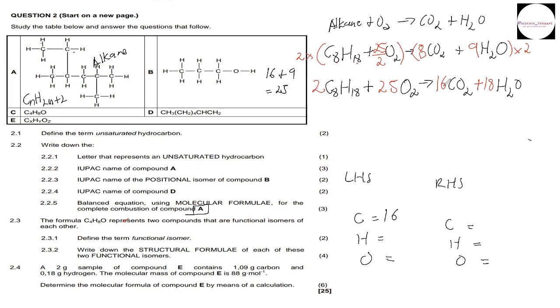And then on the right-hand side, that's 16 multiplied by 1, it's 16. How many hydrogen atoms do we have? That's 2 multiplied by 18. It should be 36. So that's 36. And then again here, 18 multiplied by 2, that's 36.